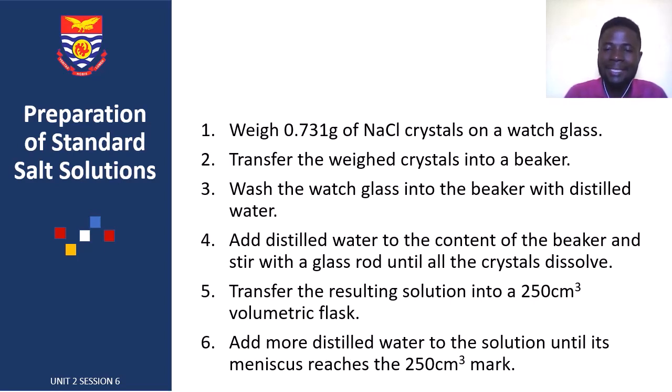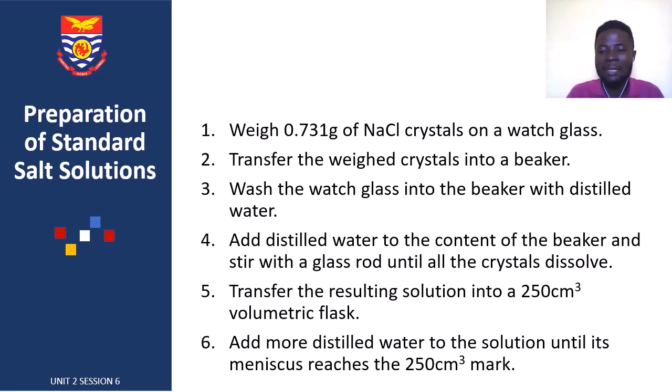As you are adding distilled water to the content of the volumetric flask, if it passes the mark, please don't take some of the volume away for it to go back. You have compromised on the concentration. You may end up having a lower concentration than the actual concentration you are preparing, so you have to start the whole thing again.